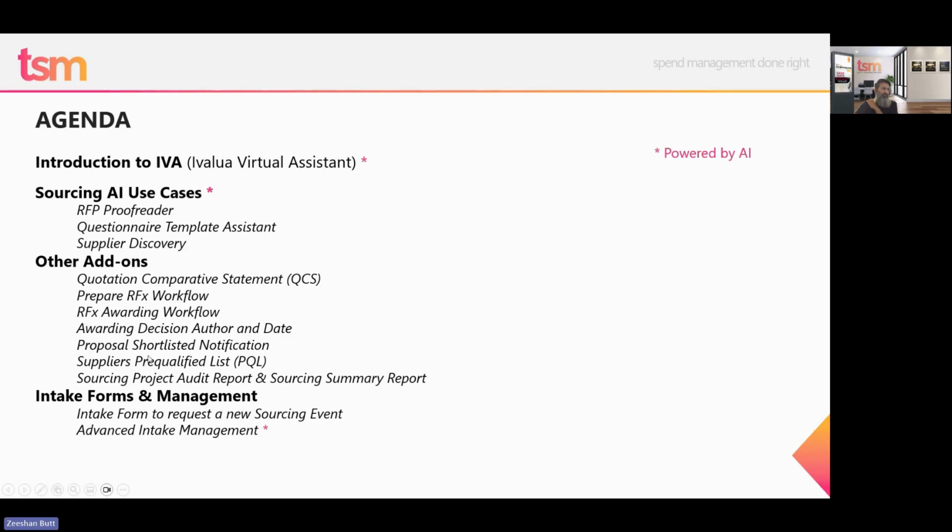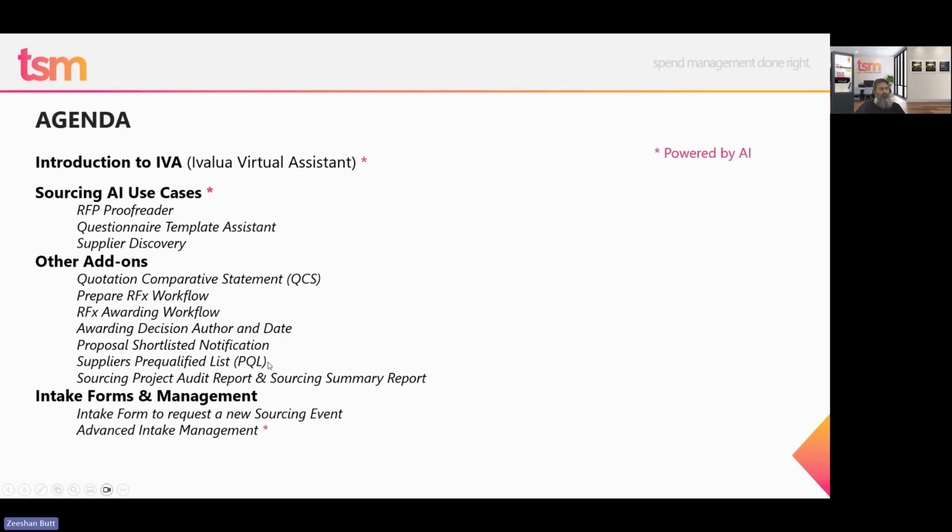There's a new add-on that allows you to define a pre-qualified list. Some people have a requirement where they need to have suppliers for a particular type of supplies pre-qualified, and we'll see how it can help people engaging in the sourcing event to quickly add any suppliers that are pre-qualified in the system.